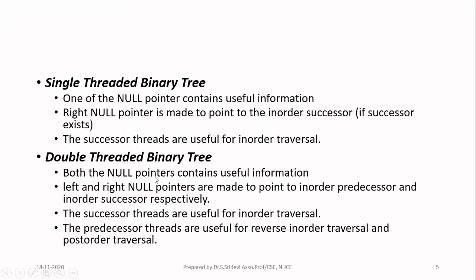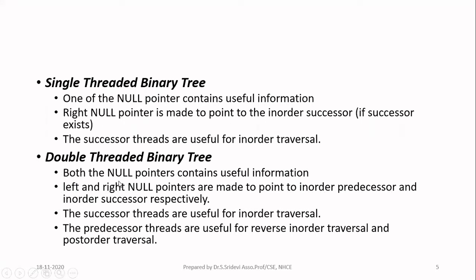Here, both the null pointers will contain useful information. And you will use the left null pointer and right null pointer to point to the in-order predecessor and successor. In-order predecessor is for the left pointer and in-order successor is for the right null pointer.